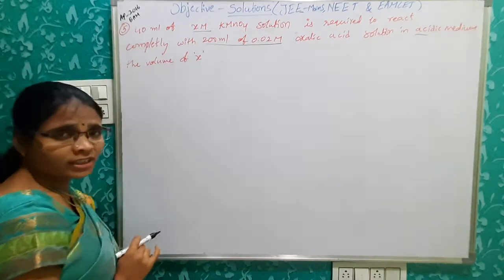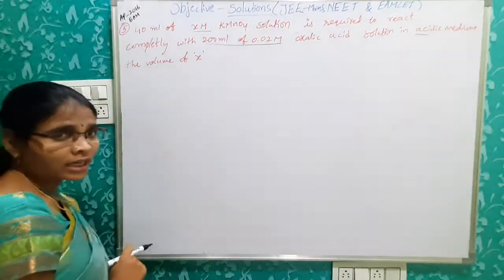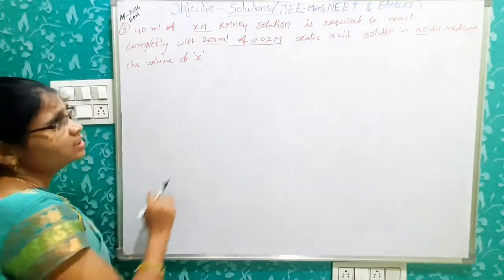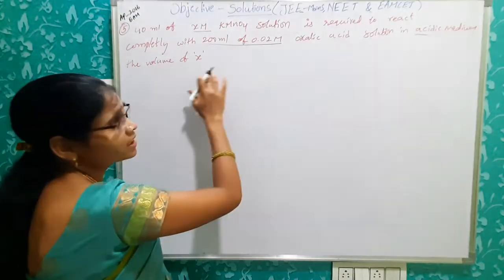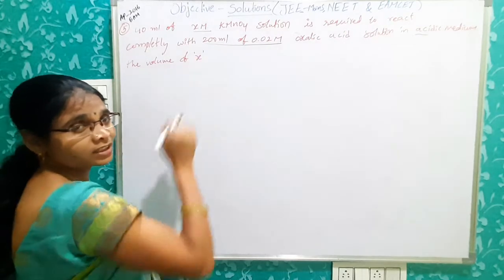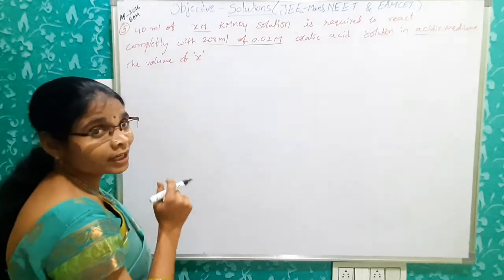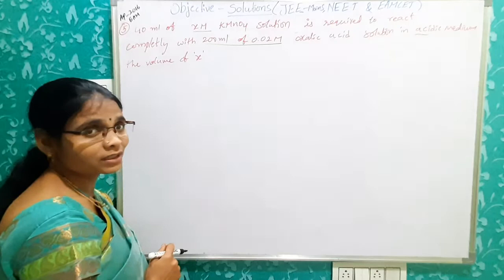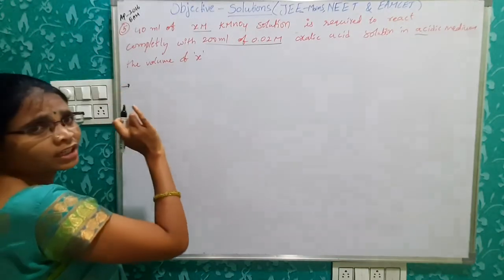Find the value of X. So this is a titration reaction. Did you remember this? It was done in volumetric analysis. Oxalic acid is titrated against the pink colored solution of KMnO4. So we need to write the chemical equation.